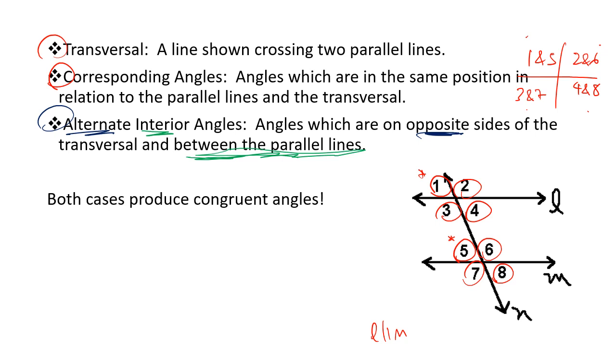The interior deals with whether we're inside or outside the parallel lines. And so we can see here, I'll switch back to blue, the 4 and the 5 would be alternate interior angles. So 4 and 5 are alternate interior angles. And so would 3 and 6.